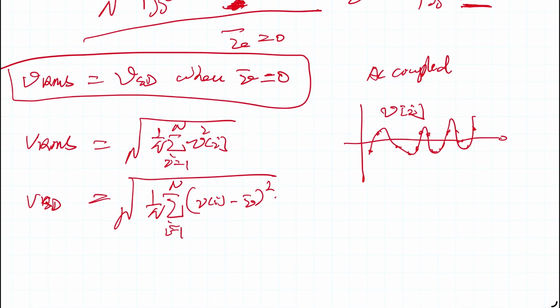When you sample the signal using an ADC, for example, V bar will equal all the samples, n samples here, summed together, i from 1 to n, times 1 over n. Basically, for any noise signal or AC coupled signal, this mean will be 0.